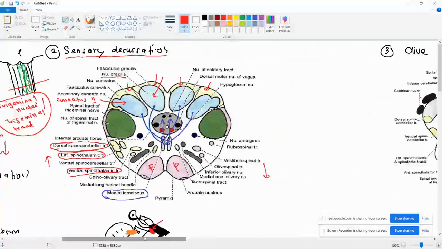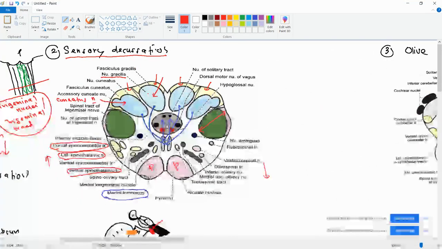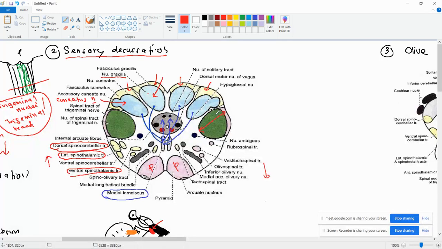And you also have this structure, class, nuclei and tract, which we call the tuberculum cinereum, consisting of the trigeminal nuclei and the spinal tract of the trigeminal nerve. What else should you know, class? Listen carefully. This is an extra structure you should know.